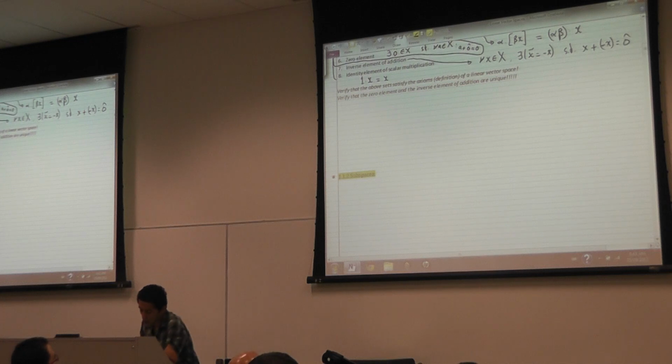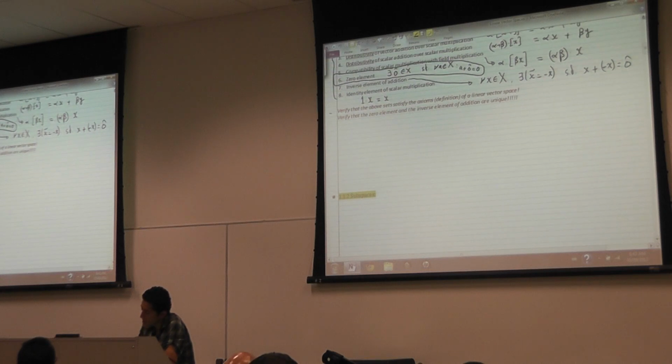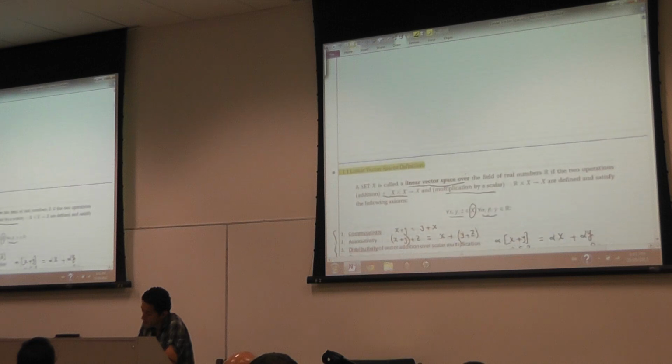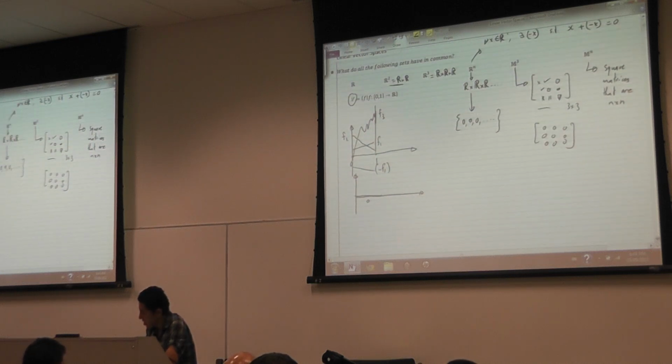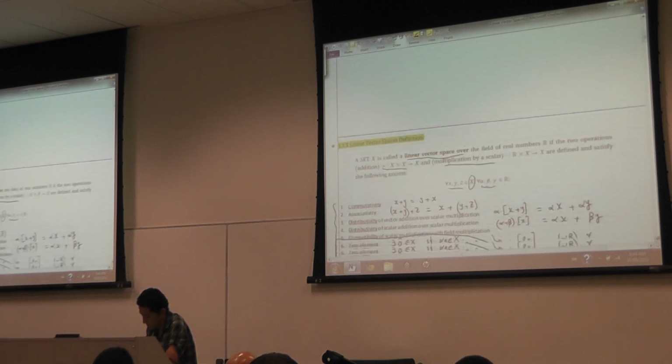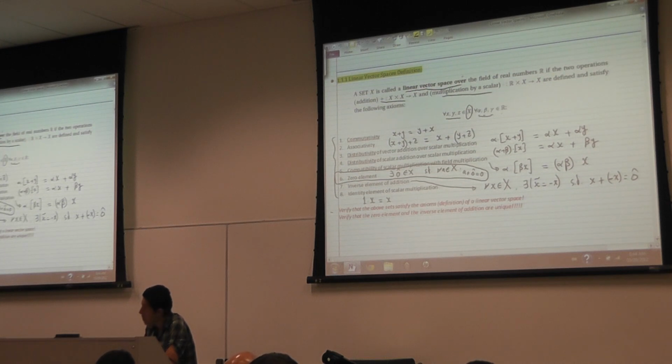So, verify that the above sets satisfy the axioms definition of a linear vector space. If you look at all the sets that we defined above, you need to verify that all these sets satisfy these axioms for a linear vector space.